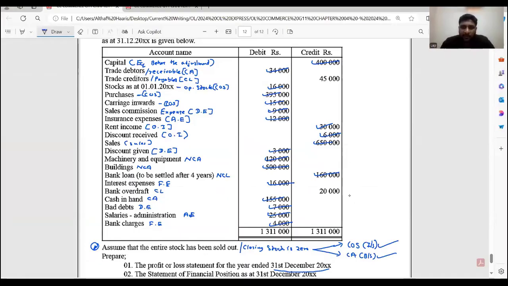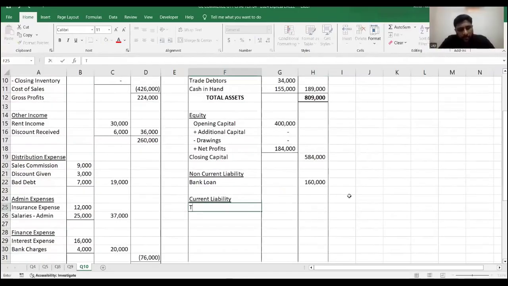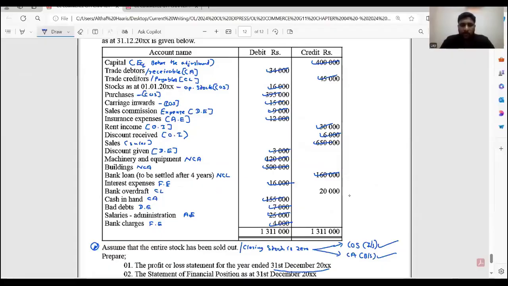Trade creditor 45,000. Then we have bank overdraft 20,000.